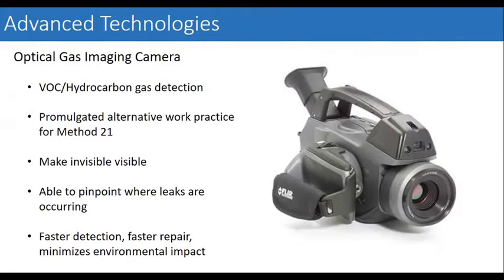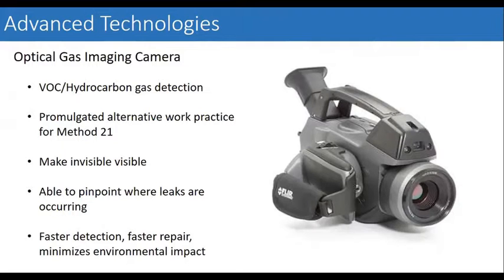While OGI is unable to provide the concentration of the leak, it is still a very useful tool. Some of the benefits to this technology is being able to conduct leak detection inspections more efficiently by making the invisible visible. A company can easily see where additional monitoring attention is required. Additionally, companies can pinpoint the source of a leak and ensure they're repairing a problematic component.